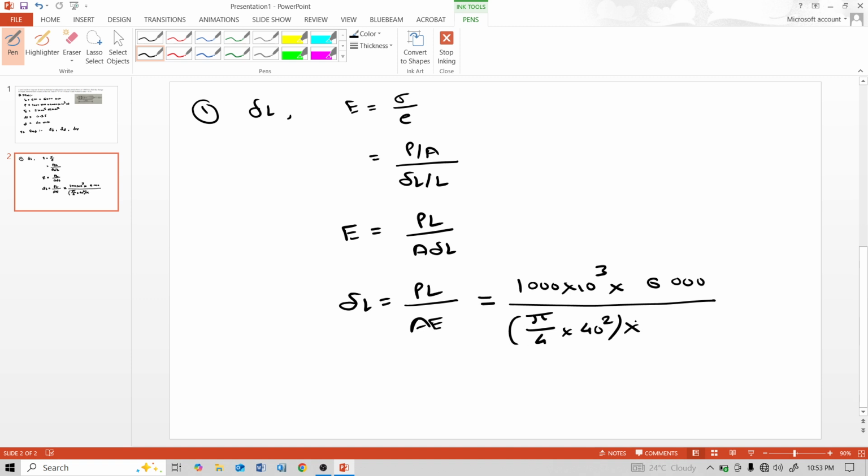Multiply by E, Young's modulus, 2 into 10 raised to 5. So 1000 into 10 raised to 3 into 6000 upon pi by 4 into 40 square into 2 into 10 raised to 5 gives 23.87 mm. Change in length for that 40 mm diameter steel rod is 23.87 mm.